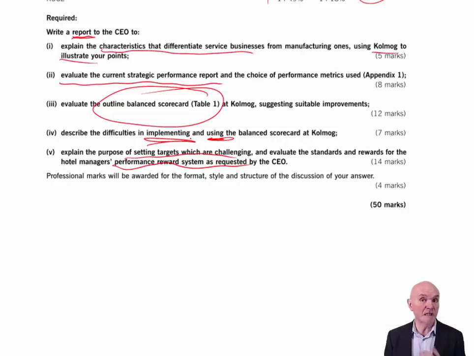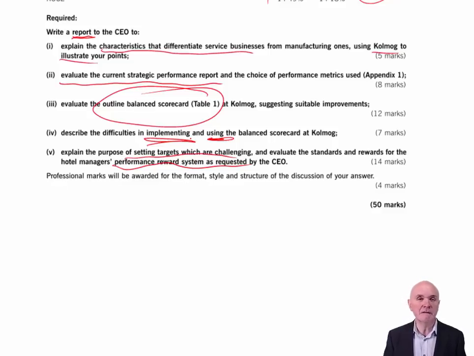We need to, for example, implement returns, forms for people to fill in, show them how to fill them in, and train them in actually being able to put down these measurements correctly and consistently throughout the group. So we've got at least three things there, I think, on the implementing of the balanced scorecard.